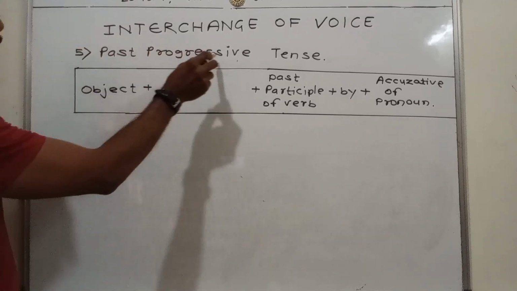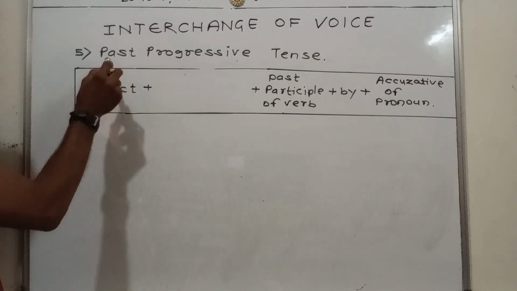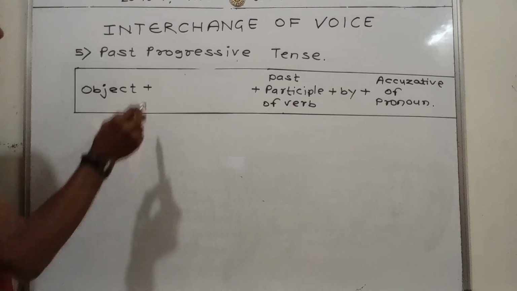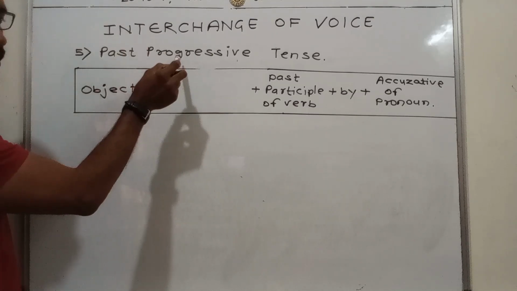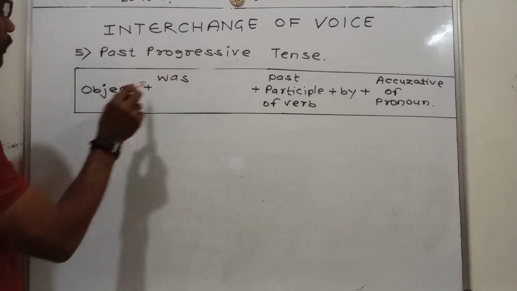Fifth, past progressive tense, active to passive of this tense. Then object first. Now this is past progressive. So we write here singular.